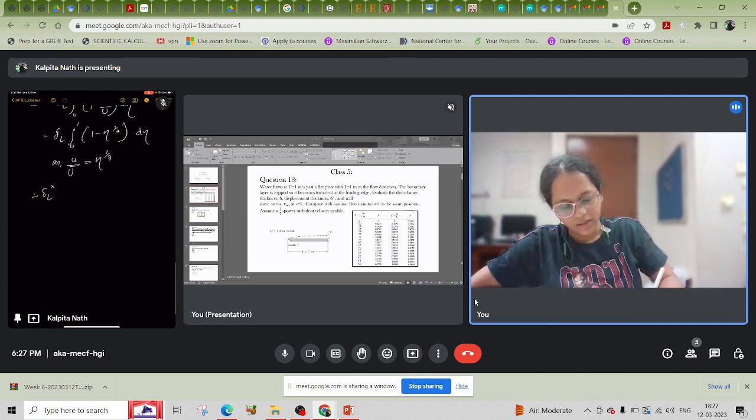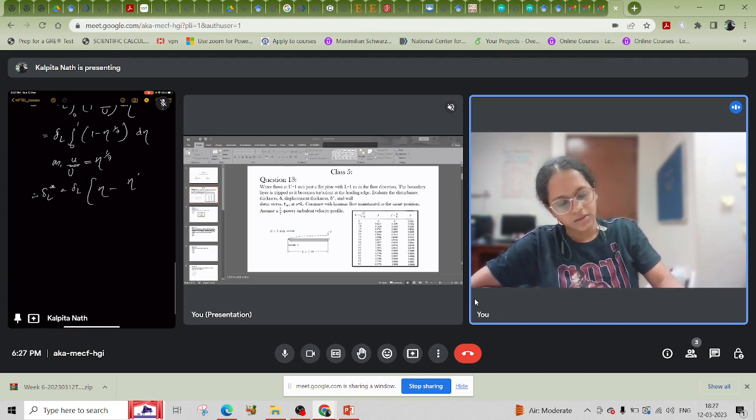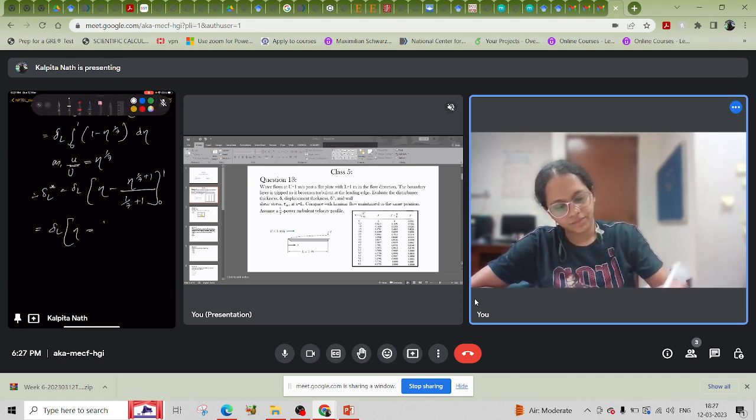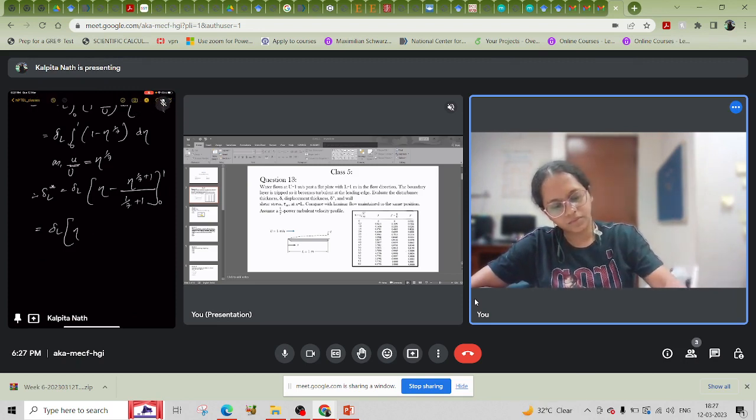Therefore delta L star is equal to delta L times eta minus eta to the power 1 by 7 plus 1, divided by 1 by 7 plus 1, from 0 to 1, which is delta L times eta minus eta to the power 8 by 7 by 8 by 7, from 0 to 1.